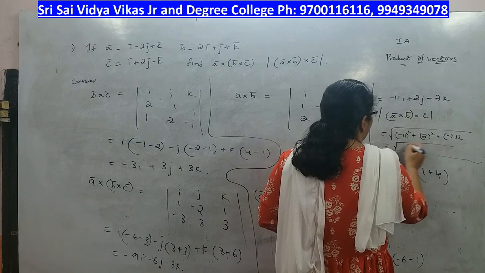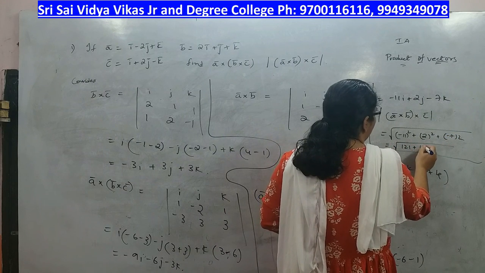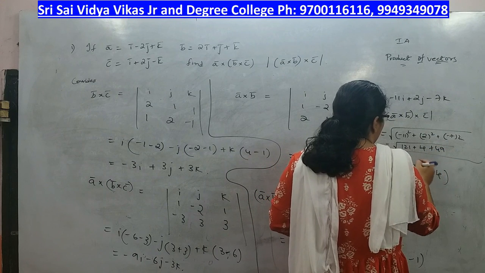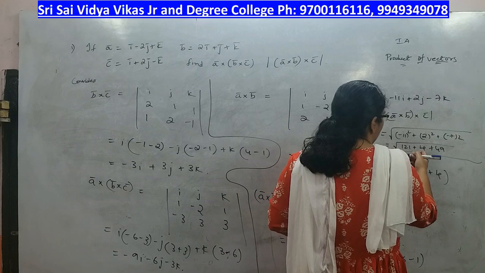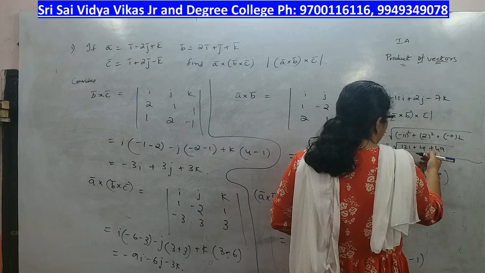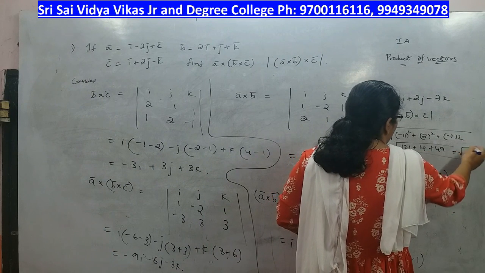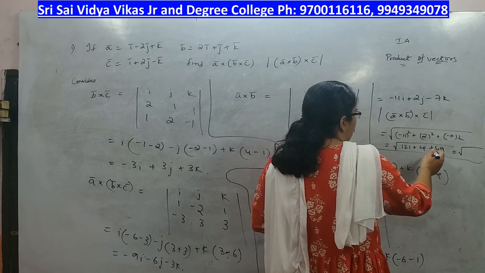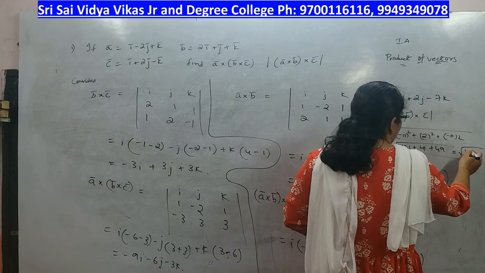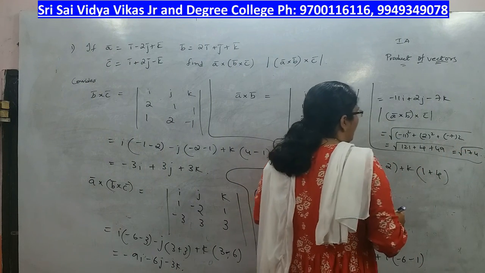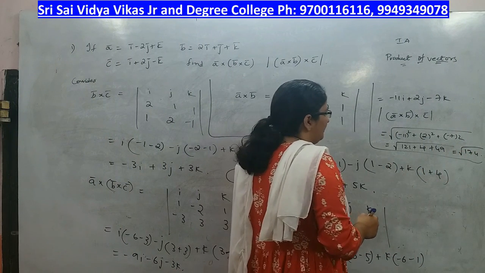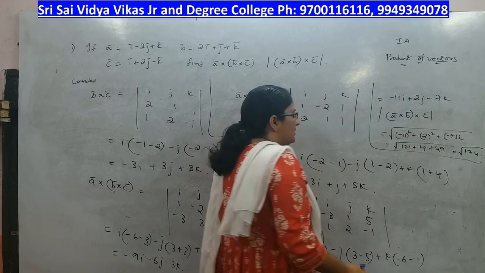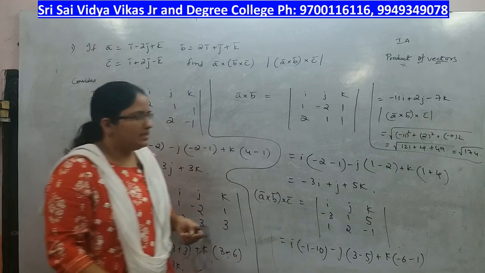That is nothing but 121 plus 4 plus 49, which is nothing but 125 plus 49, that is 174. So it is under root of 174. Yes. Let us discuss the next problem.